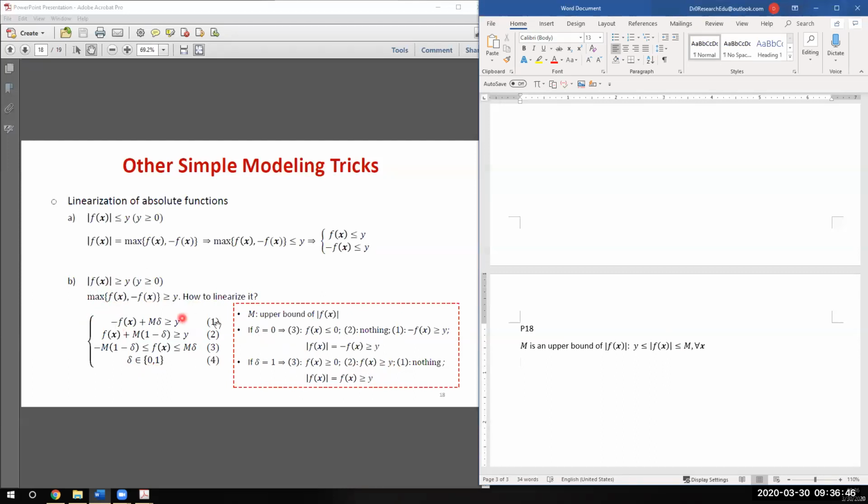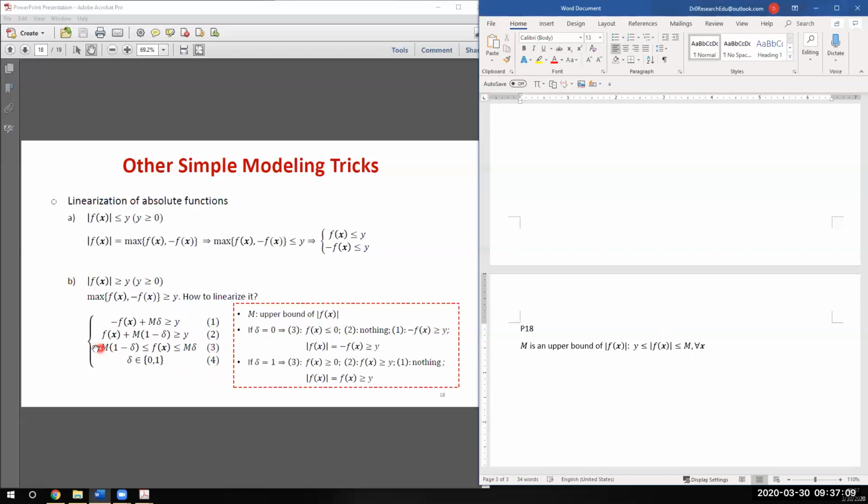No matter which case, it's included here, so that I can claim these 4 constraints are equivalent to claiming that absolute value of f(x) is greater than or equal to y. Okay, I know it's not that easy. You need to carefully think about it after the class, and then you're going to understand it, especially constraint 3.